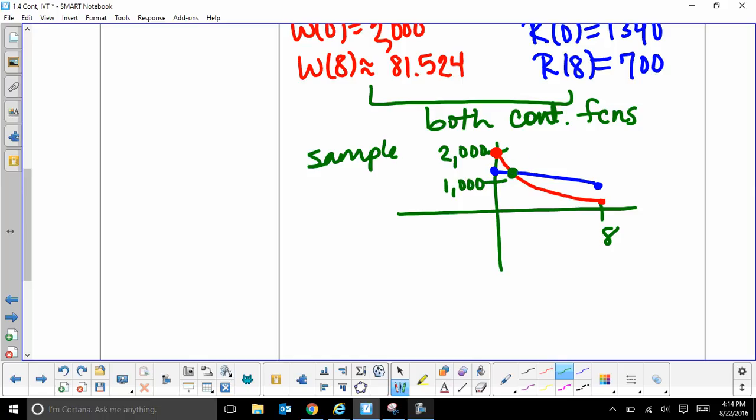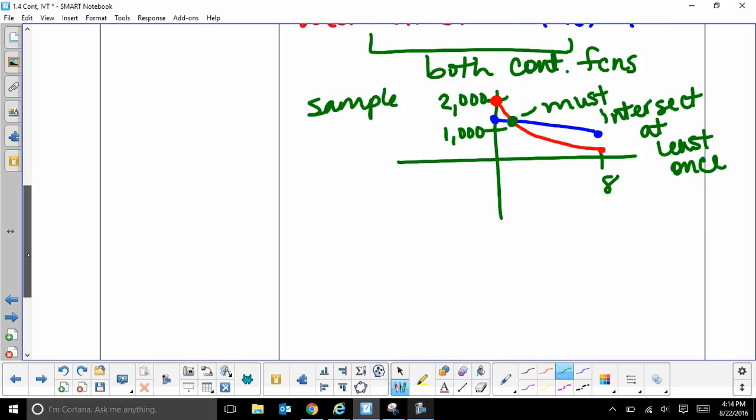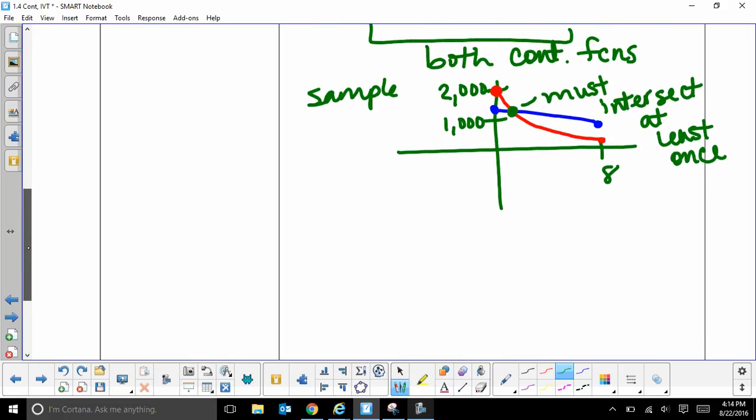So they must intersect at least once. Well, if they must intersect at least once, and that's all it's telling me, is there a time? There might be several, great, but there has to be one time.